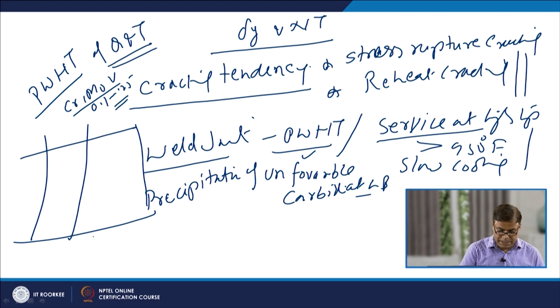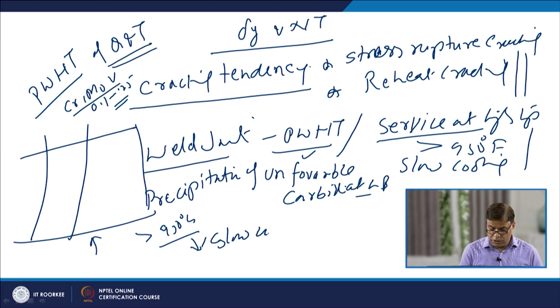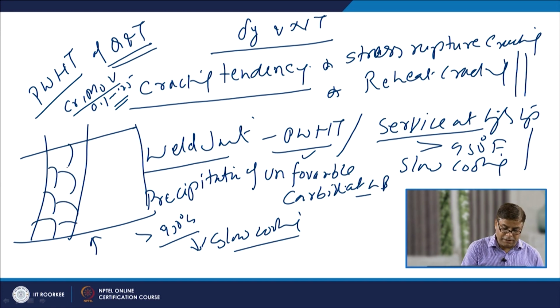So, when these steels are heated at a high temperature greater than 950 degree centigrade followed by slow cooling, these conditions favor the precipitation of these carbides.